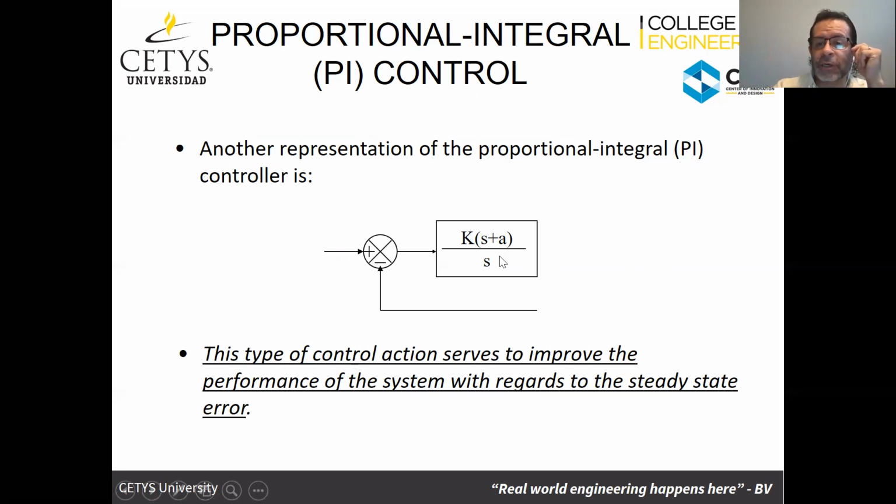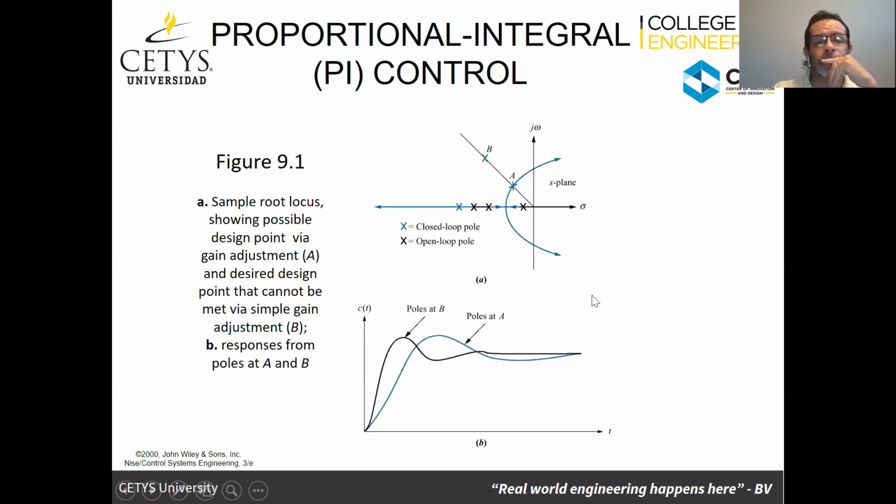And how is it going to do that? Because it adds this S in the denominator that's automatically going to increase the type. And so basically what happens is the following. Let's assume that we've got a system that has the following root locus. It's the system in blue, which has the root locus that's represented there.